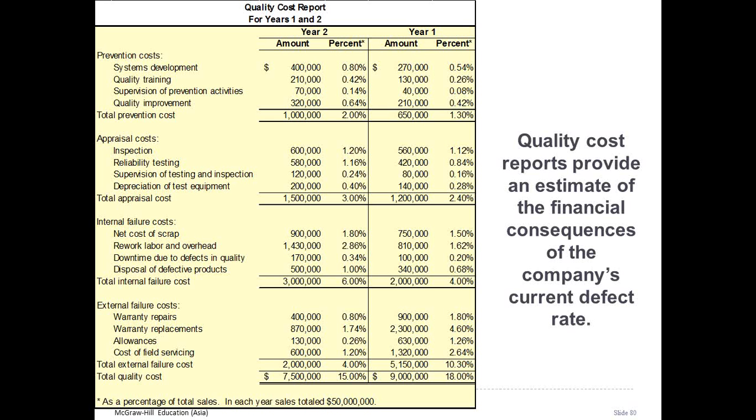When interpreting a cost of quality report, managers should look for two trends. First, increases in prevention and appraisal costs should be more than offset by decreases in internal and external failure costs. Second, the total quality costs as a percent of sales should decrease.